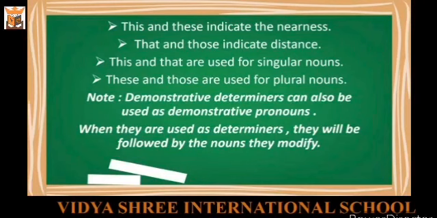Now here you need to note one thing, that demonstrative determiners can also be used as demonstrative pronouns. How will we distinguish? Yes, when these four words, this, these, that, those, are followed by the nouns they modify, then they will act as demonstrative determiners.